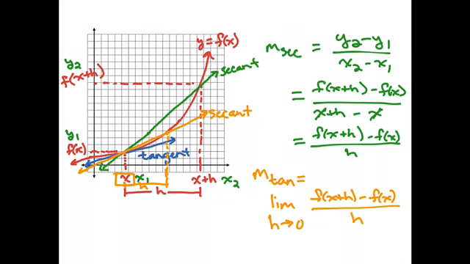If my tangent line has a positive slope, I see that my curve is increasing at that point. If it had a negative slope, that would mean my curve is decreasing at that point. So it's a way to describe what's happening to the curve.